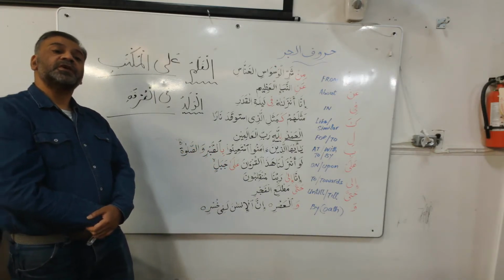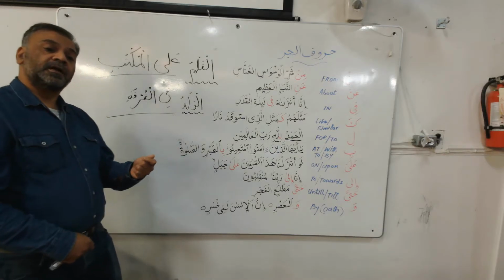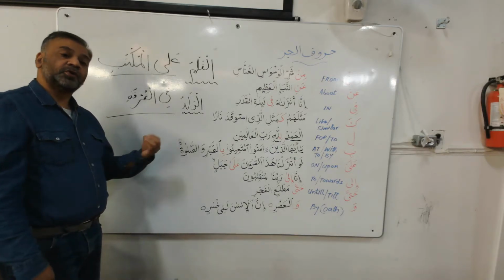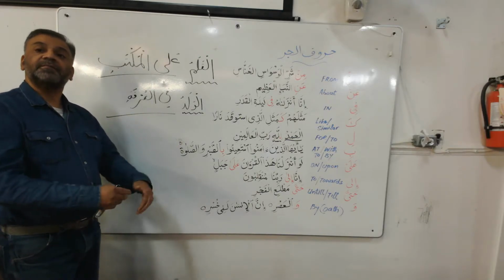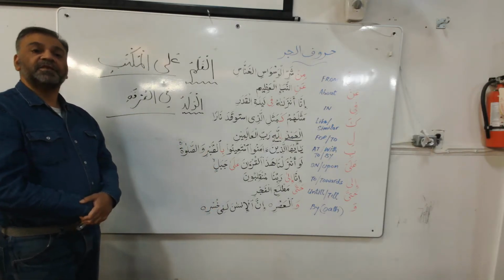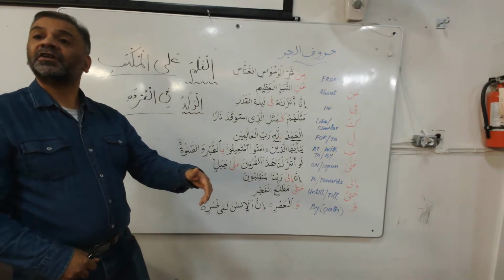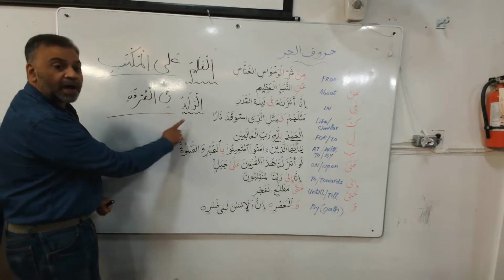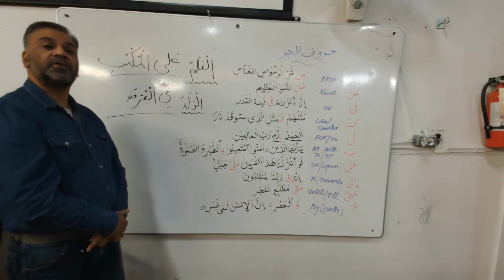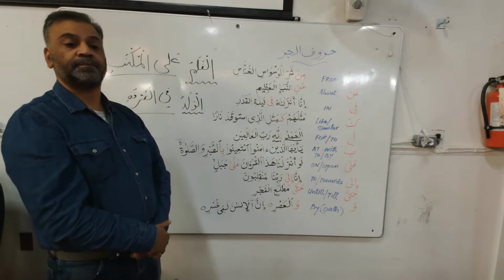But in order to show the association with this ism, it will make a change in that ism. It will make that change majroor. So now we know that it's a compound. Jarun wa majrurun shibu jumla khabar.